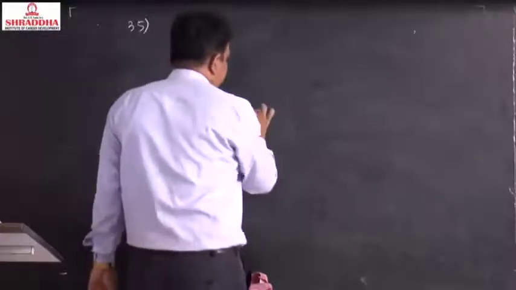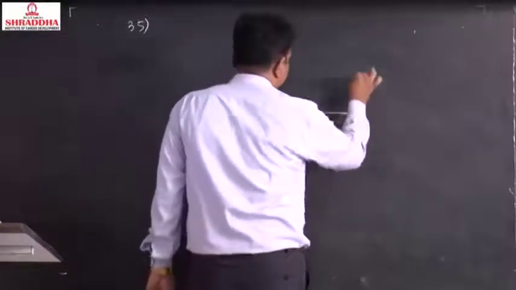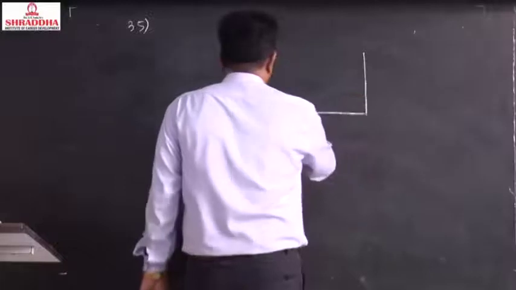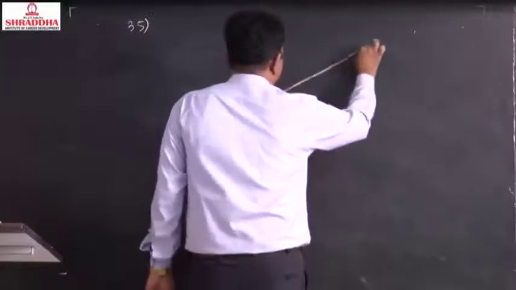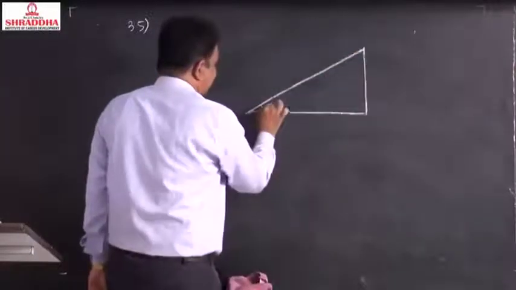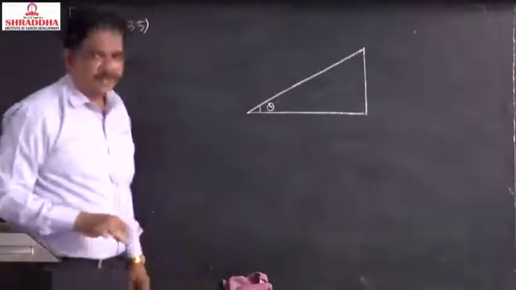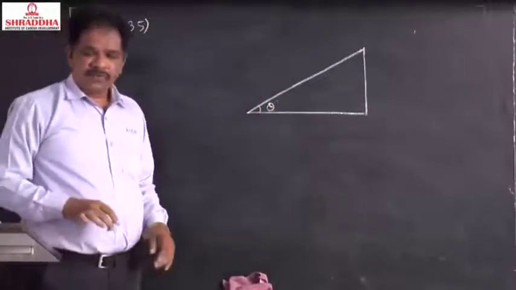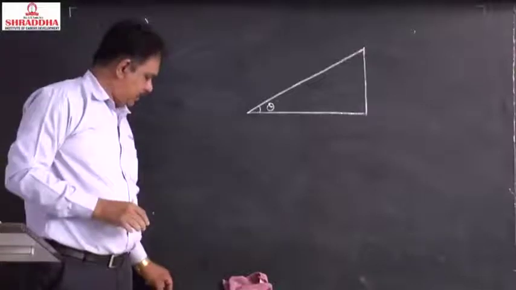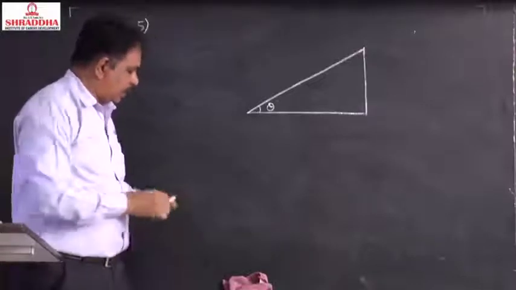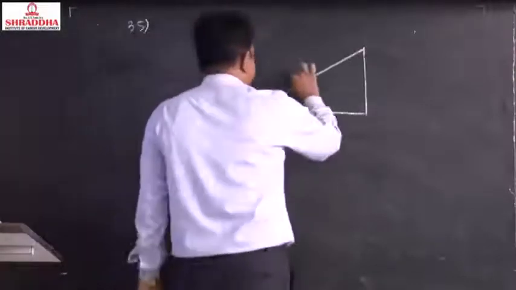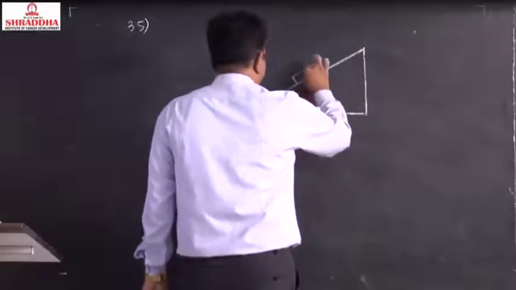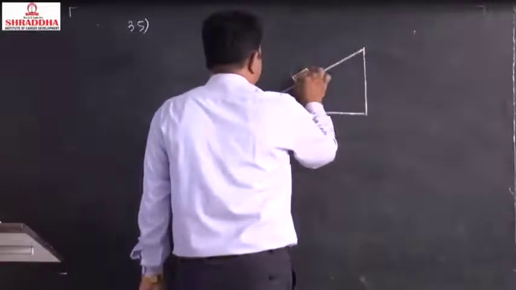Here there is an inclined plane. The inclined plane's angle of inclination is theta. On that, one car or one body is there.